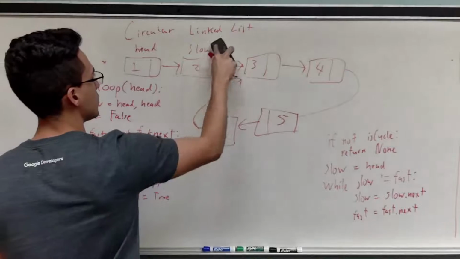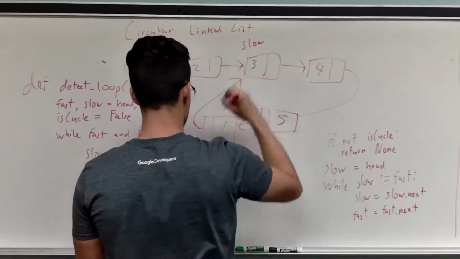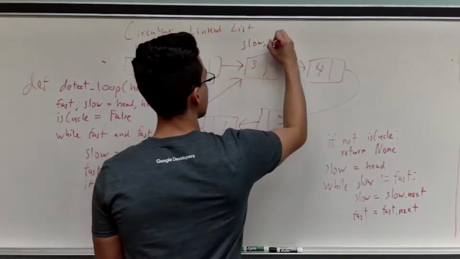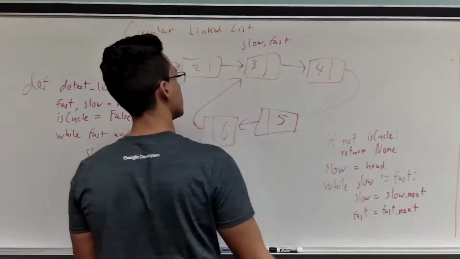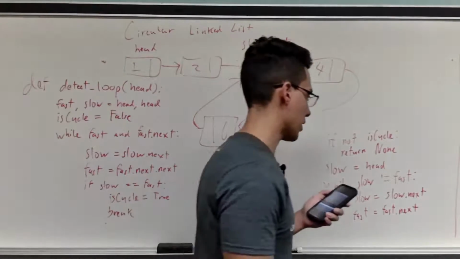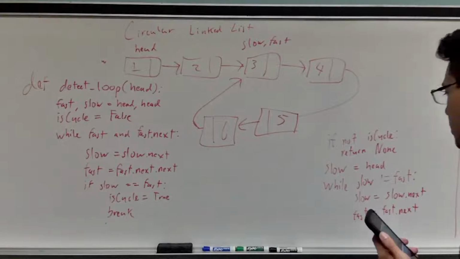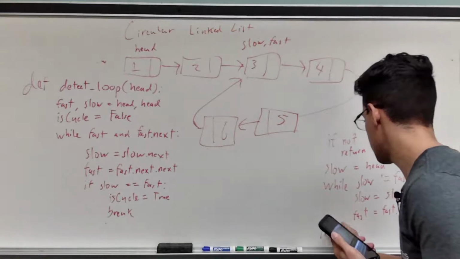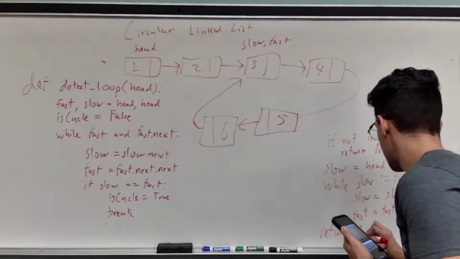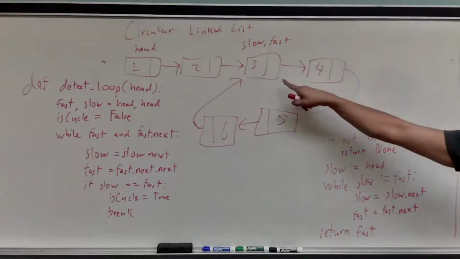Then we move slow up again, and fast moves up by 1. Now they're equal, so that breaks the loop. We could return either fast or slow, but this example says to return fast. So this is where the cycle begins.